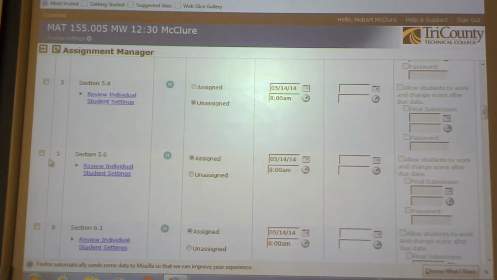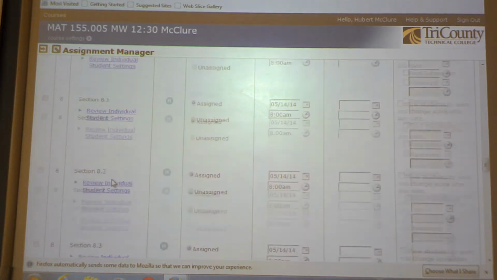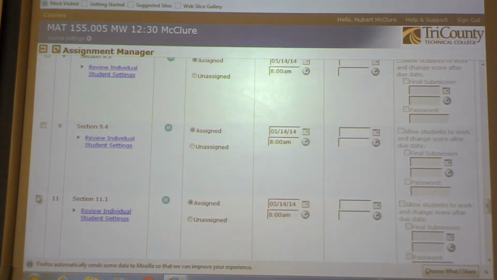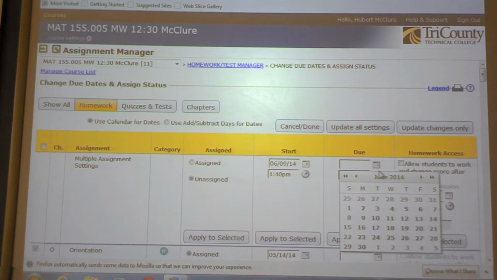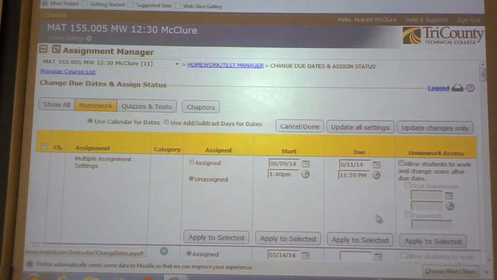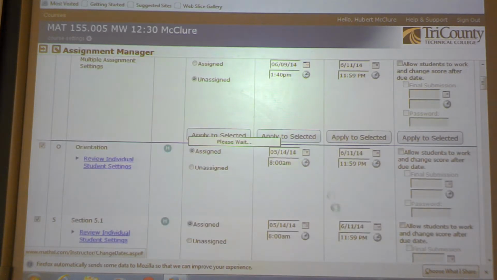Unassigned. 5.6 and 11.1. Wednesday night at midnight.